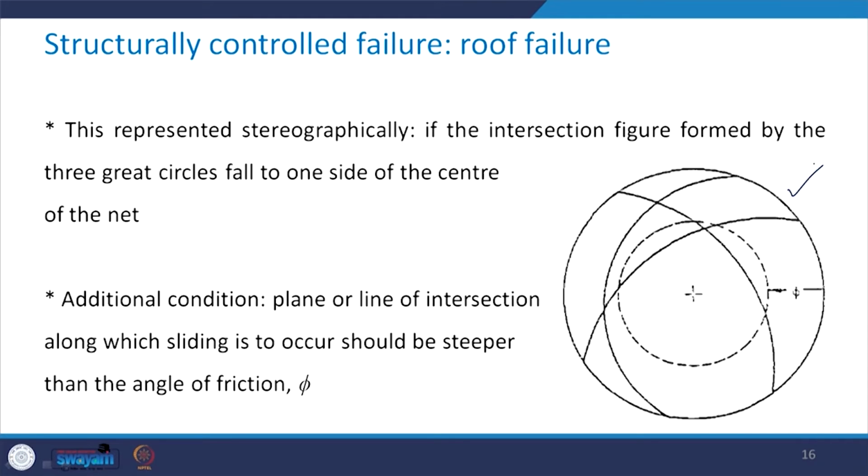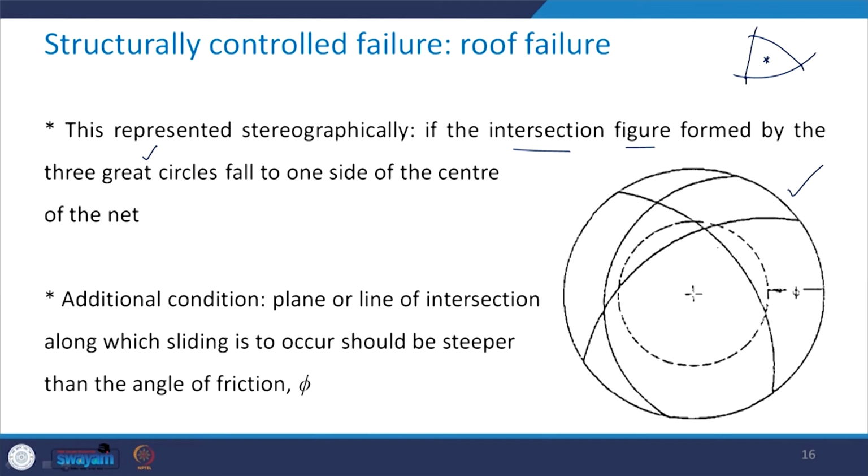So, if the intersection figure which is formed by these three great circles falls to one side of the center of the net... In the previous case, if you recall, this was the kind of intersection which was formed by the three great circles and the center was lying inside that intersection.